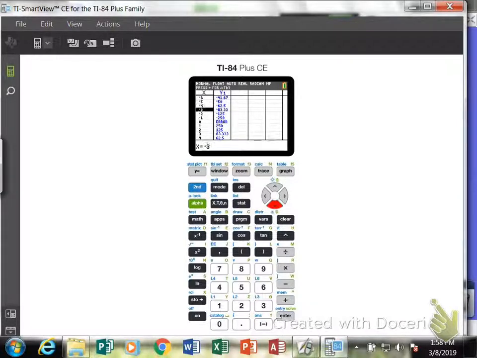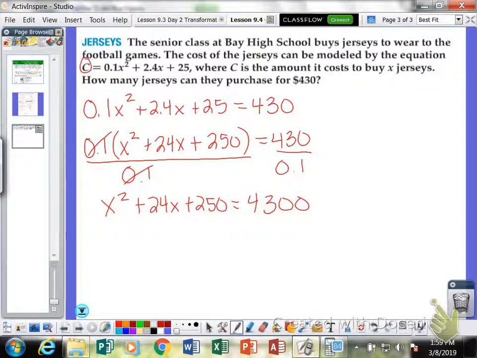I'm probably going to want to look at bigger numbers here. 5 and 50, no. 25 and 10, no. I'm not really seeing it, so I'm not going to be able to get that 24. So I know it's not a perfect square, so I come back here.